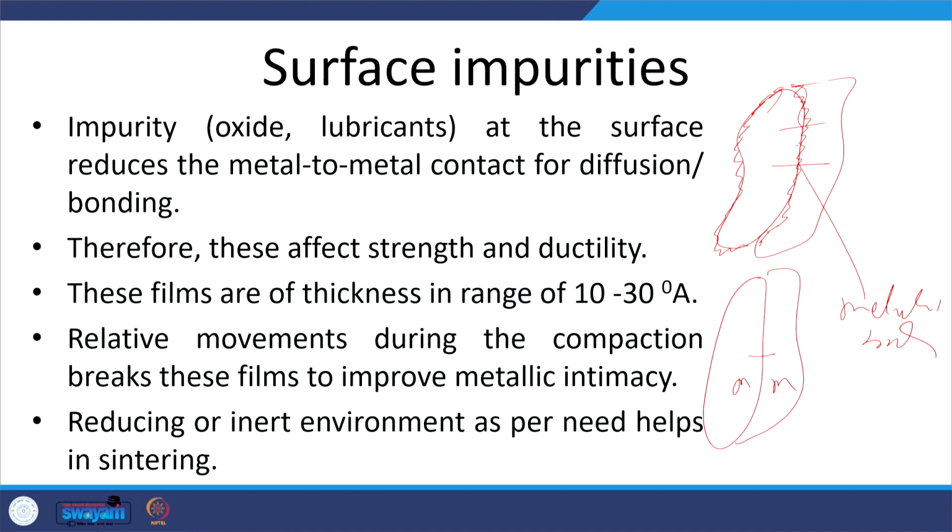But if there are impurities like this at the interface, then the diffusion will be hindered, and these impurities may be very small in terms of thickness, like say 10 to 30 micrometer.